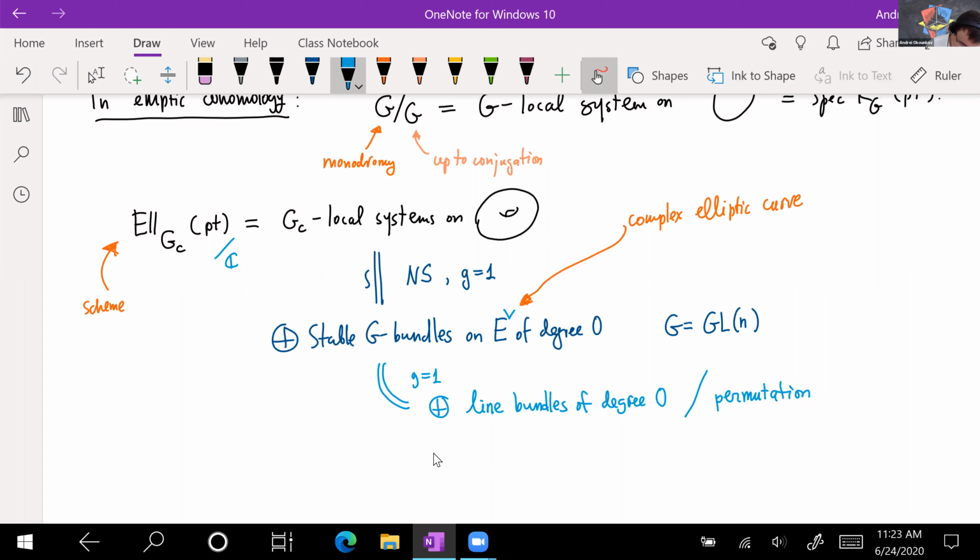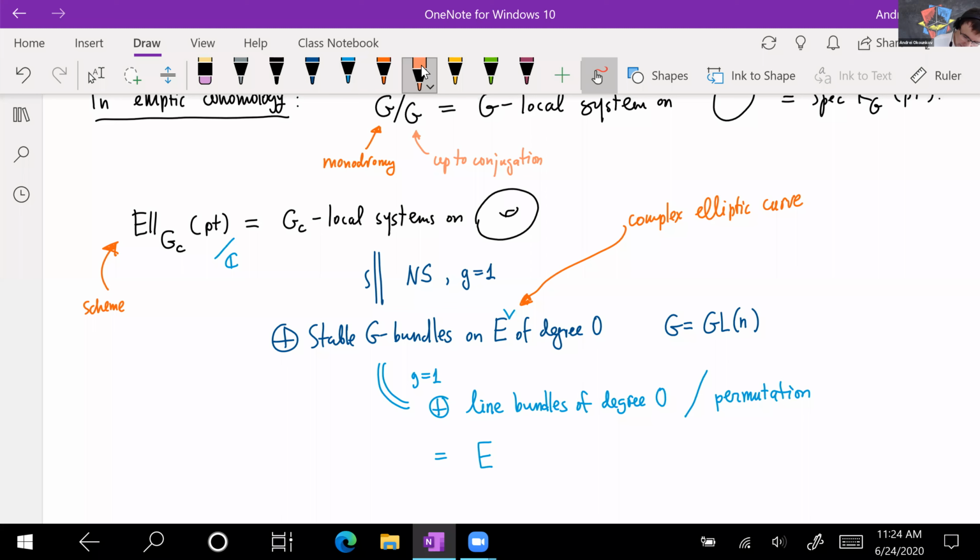And so what this is, maybe more canonically, you take E, and these are line bundles of degree 0.